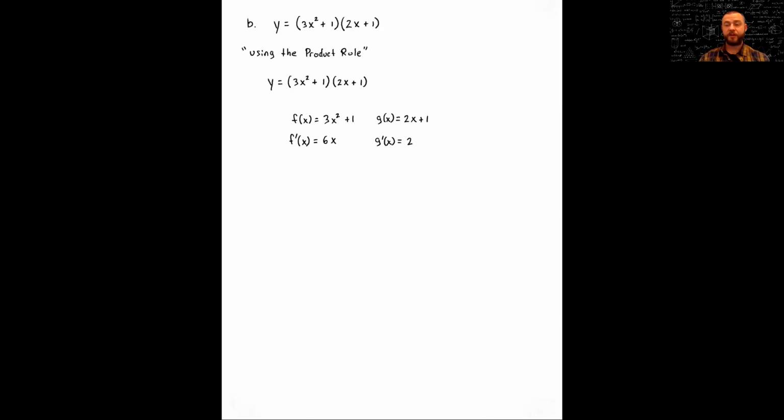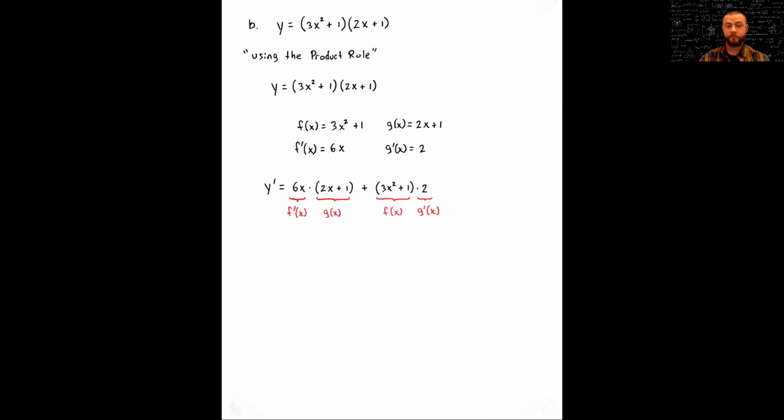The individual derivatives here for f prime come out to 6x. And then for g of x, its derivative g prime is 2. Okay, and that is pretty much most of the work. The rest of it is just combining these pieces with the product rule. F prime times g plus f times g prime.